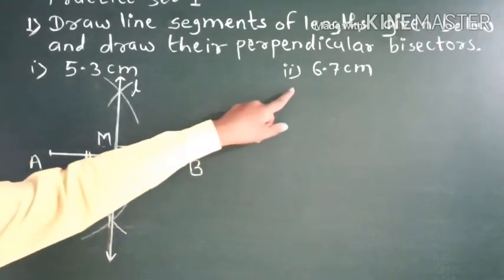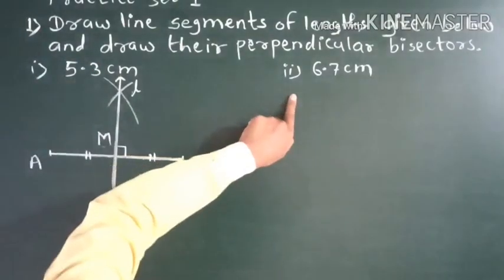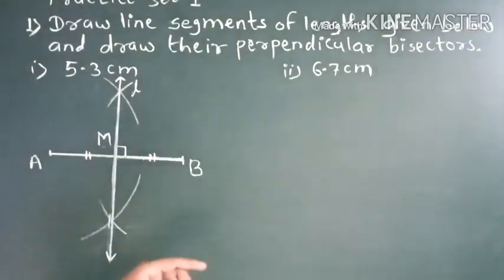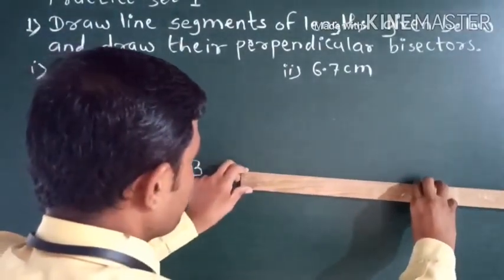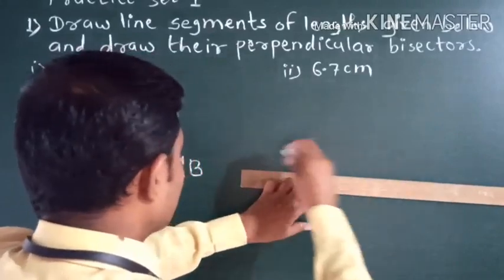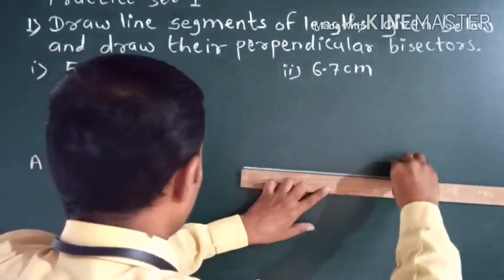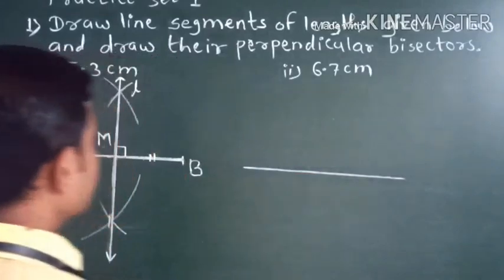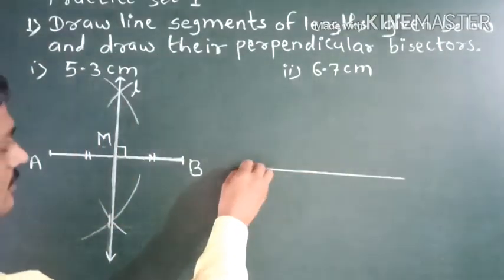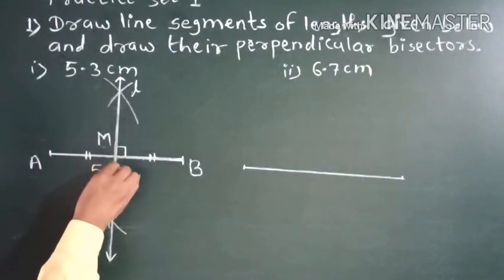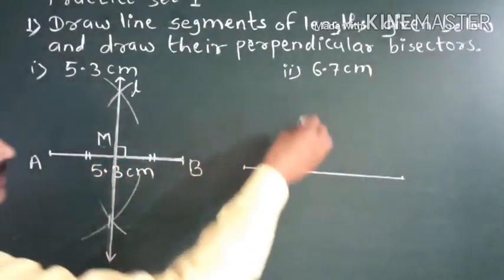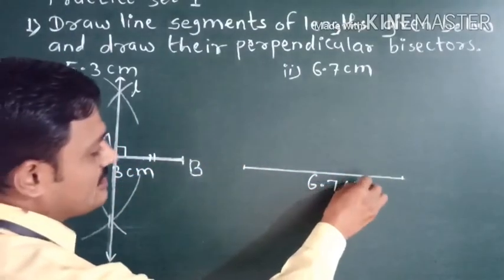Similarly, in a second example we draw a line segment of length 6.7 cm. This one is a line segment of length 6.7 cm. We mention the length of the segment here, 5.3 cm, and this one is 6.7 cm.